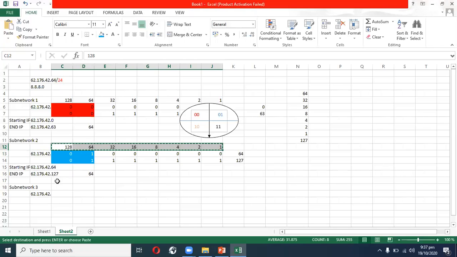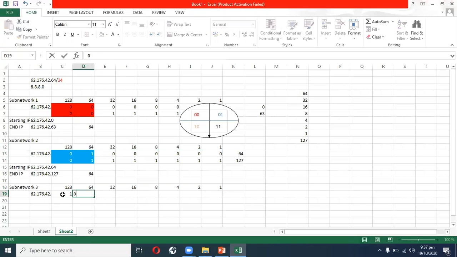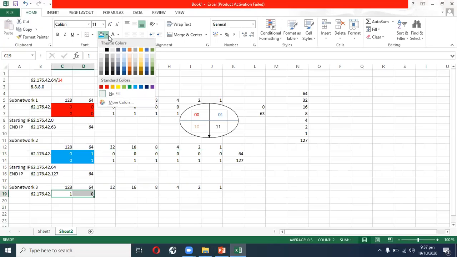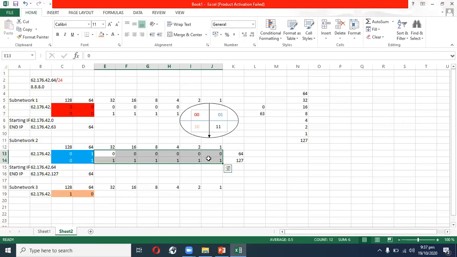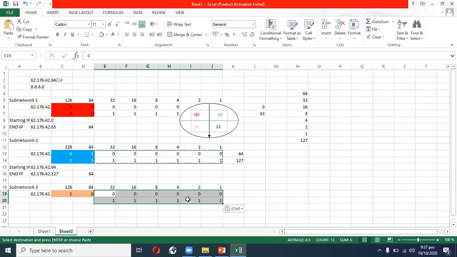Our fixed bits are 1 and 0, so the first bit is 1 and the second bit is 0. Our starting bits are all 0, and the last bits are all 1.